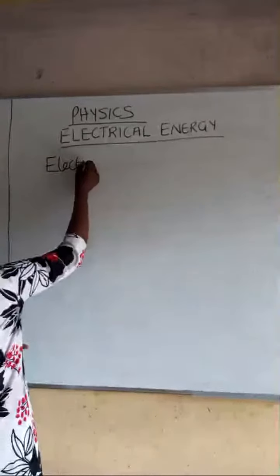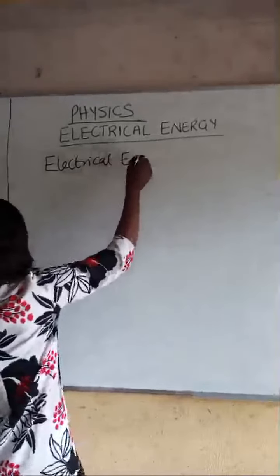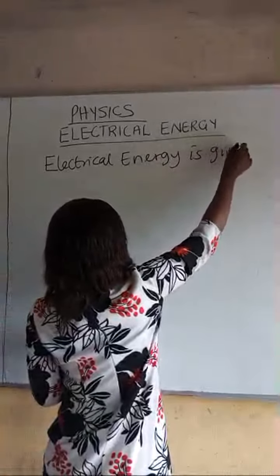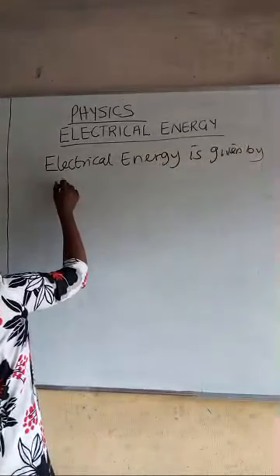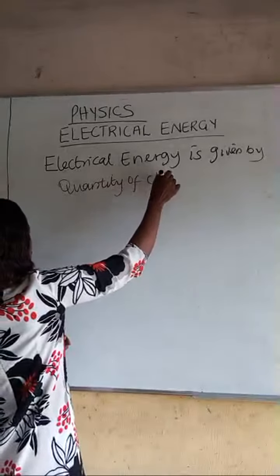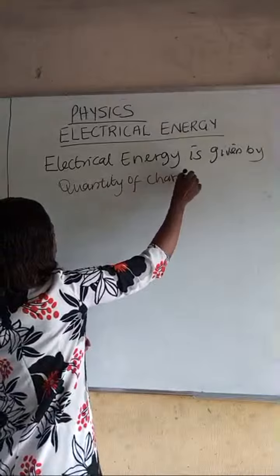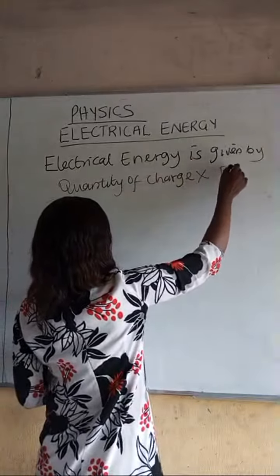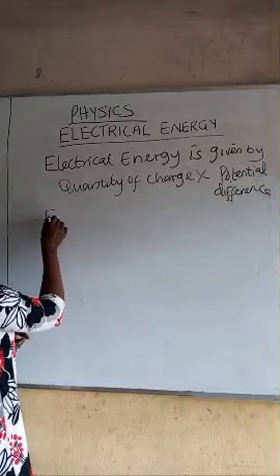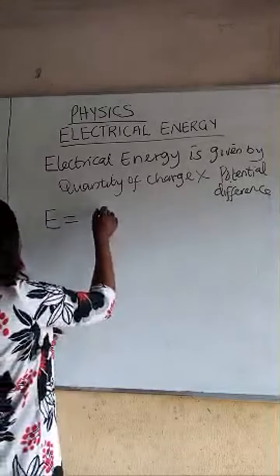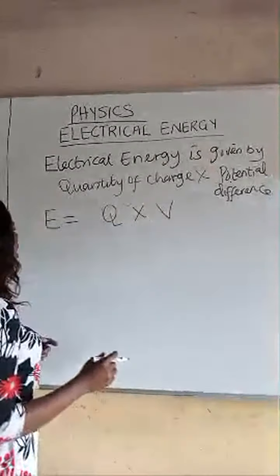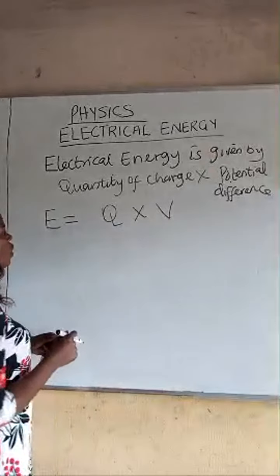Now, electrical energy is given by quantity of charge multiplied by potential difference. So electrical energy E is equal to quantity of charge multiplied by potential difference V. We still remember what quantity of charge is.